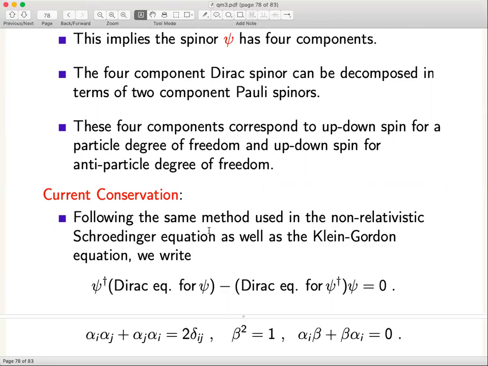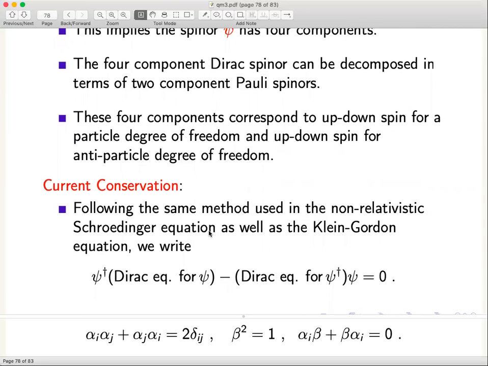Okay, which led him to postulate that there must be a particle with opposite charge and the same mass, and he called it a positron. And it was found, I think, 3 years later.